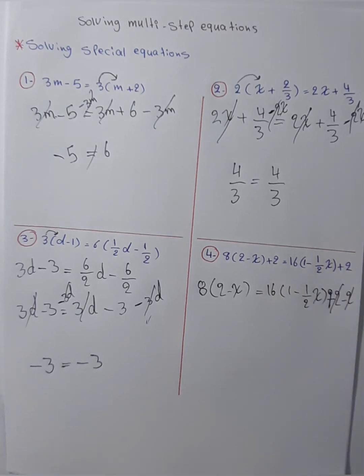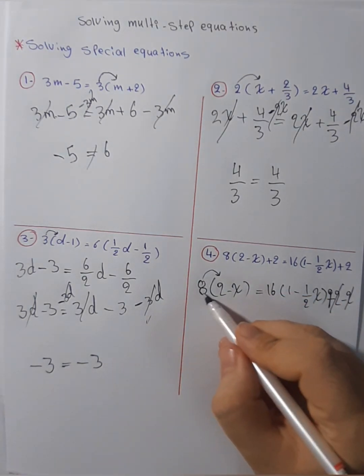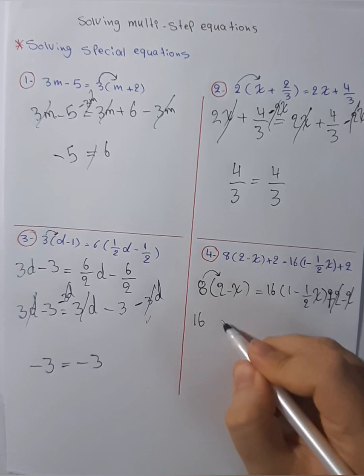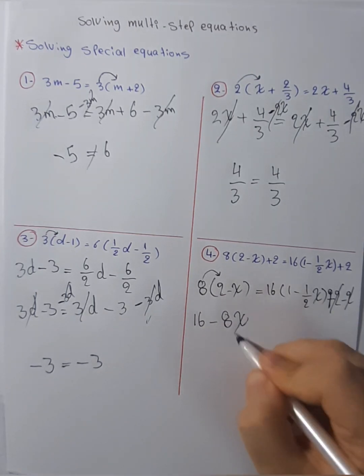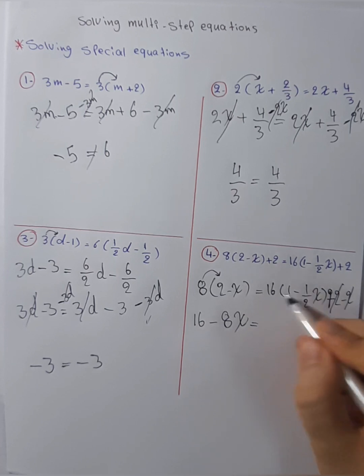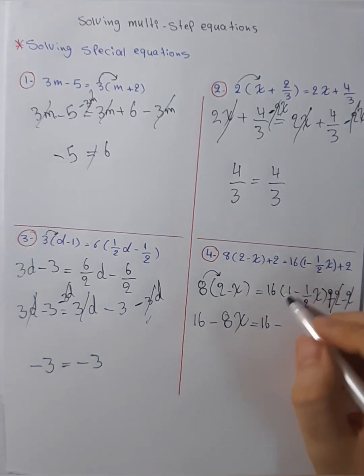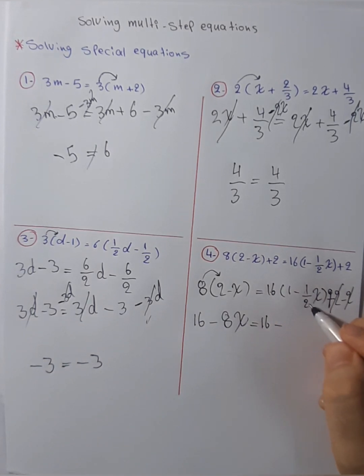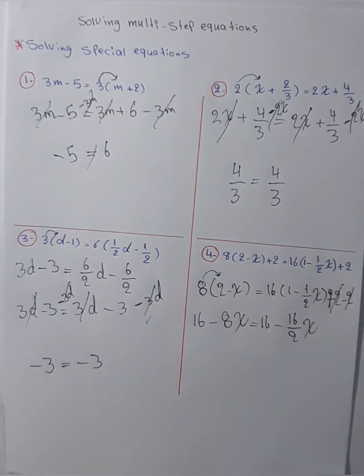These two numbers are reduced, so after that we can multiply 8 into the bracket. 8 times 2 equals 16 minus 8 times x equals 8x, equal to 16 times 1 equals 16 minus 16 times 1 out of 2. It means 16 times 1 equals 16 out of 2x.